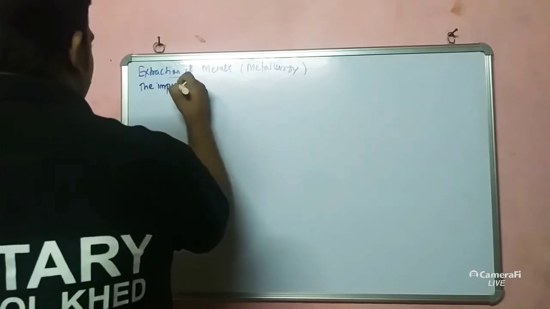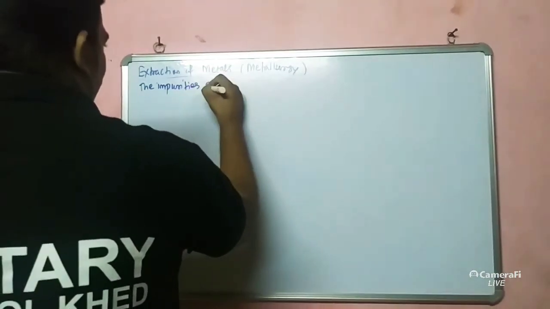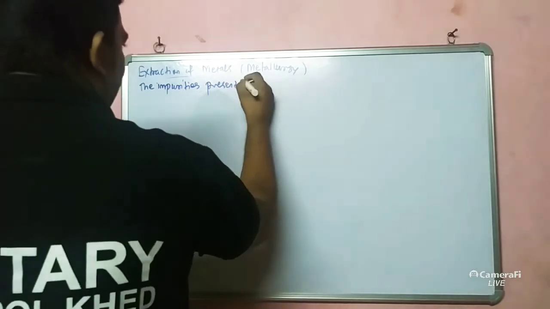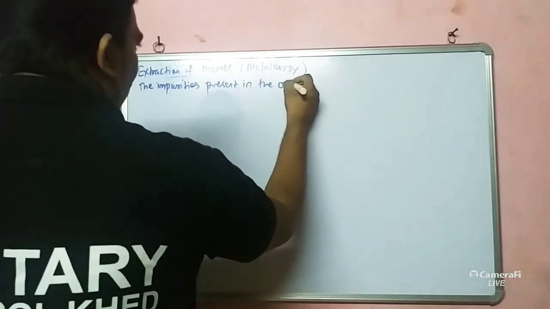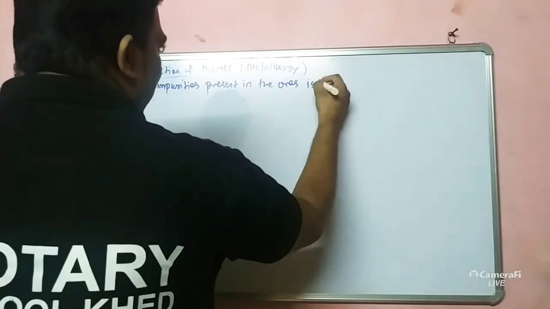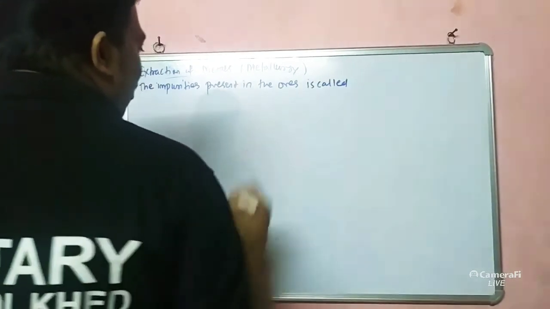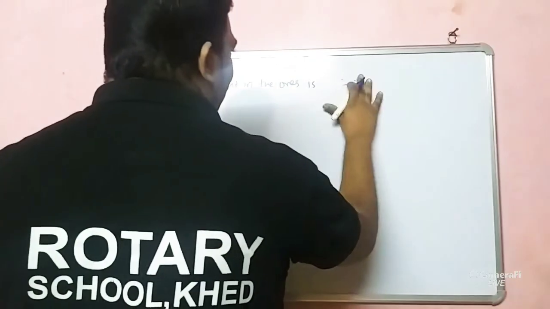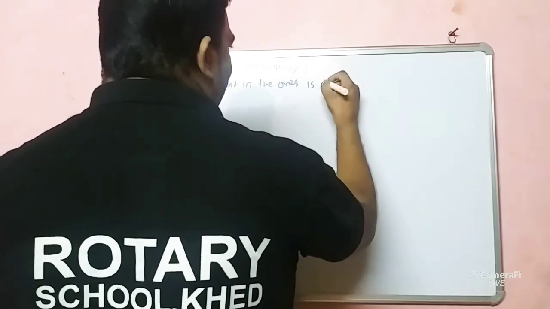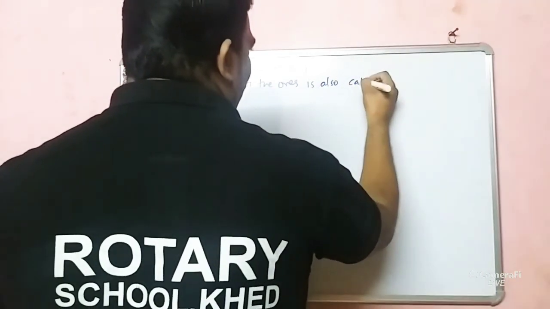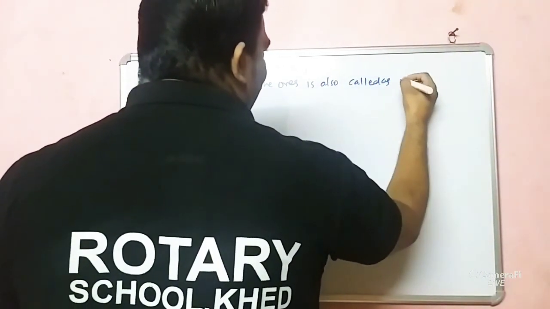The impurities present in the ores are also called what?